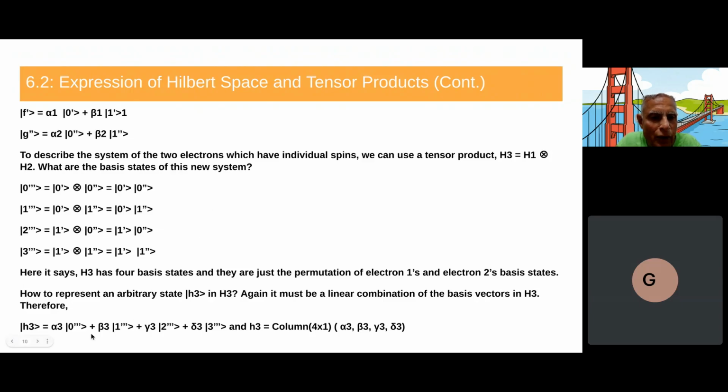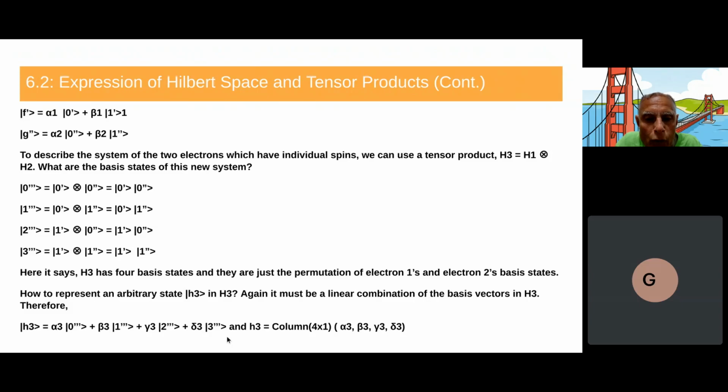So we call them alpha 3, beta 3, gamma 3 and delta 3. Our H3 space is nothing but these combined with alpha 3, beta 3, gamma 3 and delta 3. That is ket H3, a combination of these 4, and that is how we write it in terms of a vector.